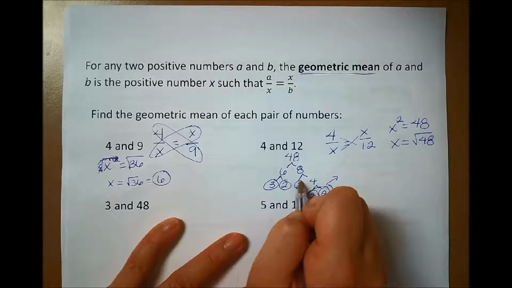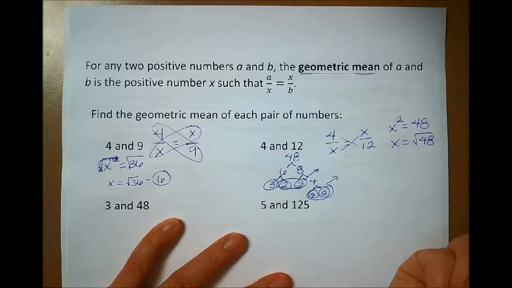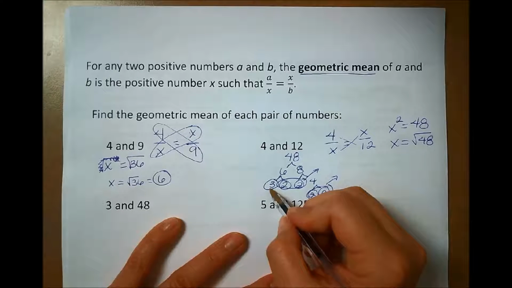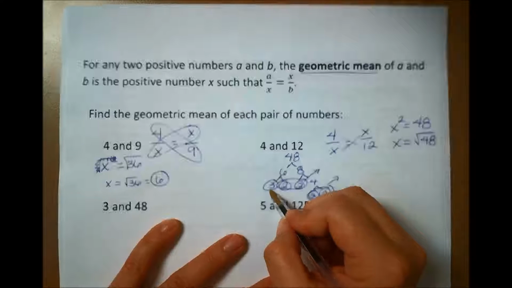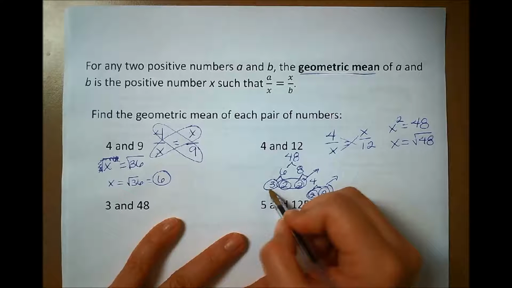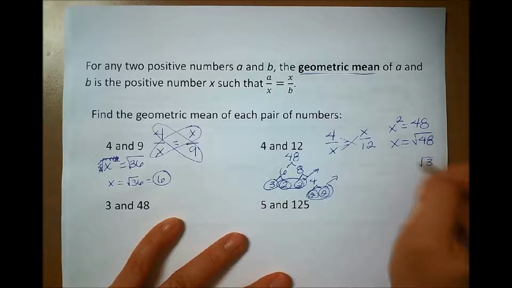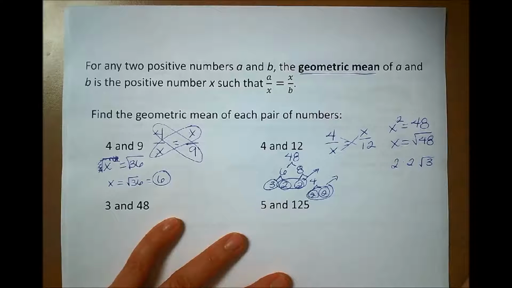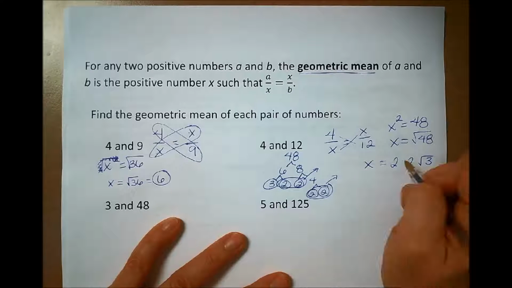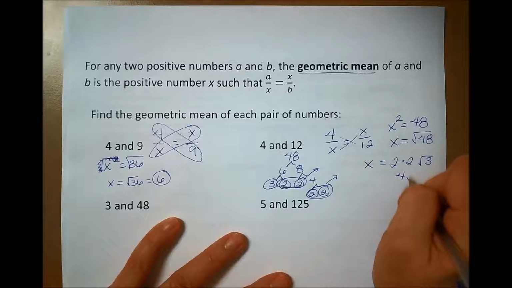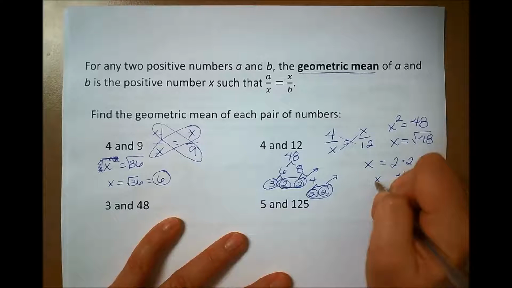We have another group of 2 that can break out of jail. And we have one 3 who has no partner, so he is still locked up. The 2 groups come out ahead. And then we just multiply those together. 2 times 2 is 4, and that's our answer. x equals 4 square root 3.